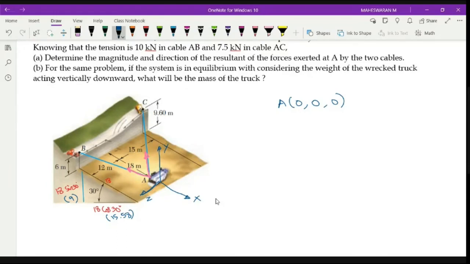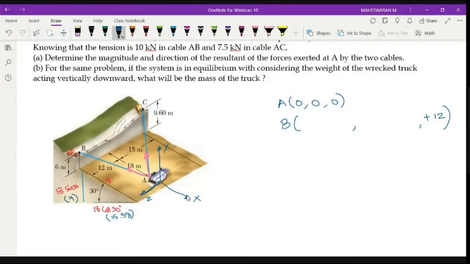Okay. So next, I want to identify my B location. This point is 0, 0, 0, as I told you. So your B at Z is positive 12. So I can write Z is plus 12. What about my X?